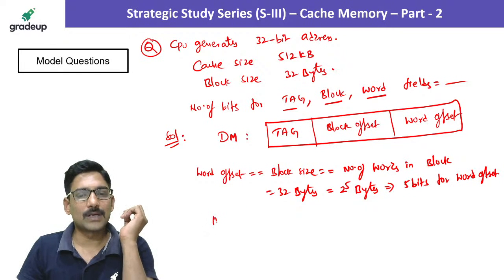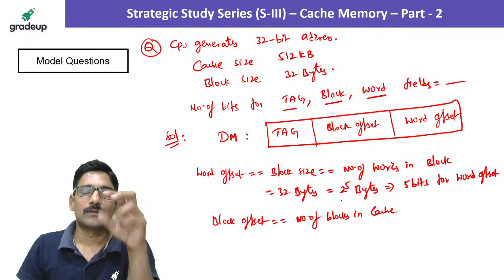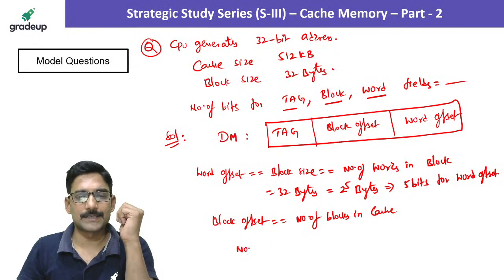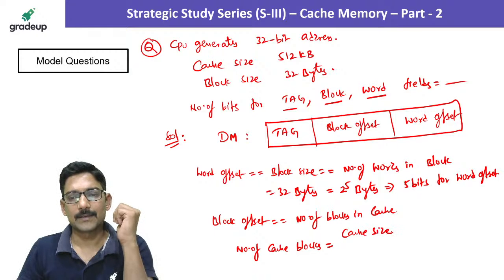Now, what does block offset indicate? Number of blocks in cache. It is not given, but cache size is given, block size is given. So number of cache blocks is equal to cache size by block size.